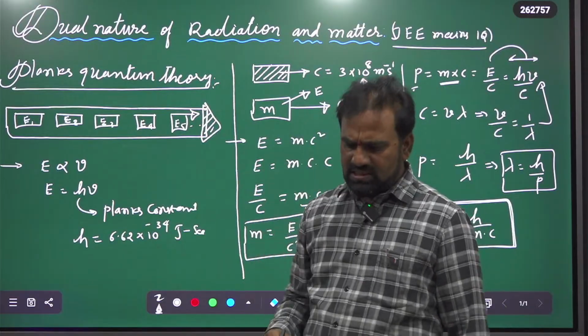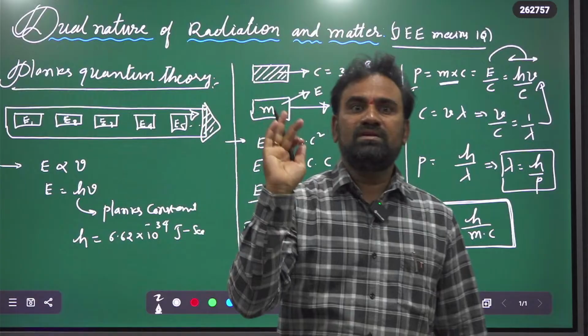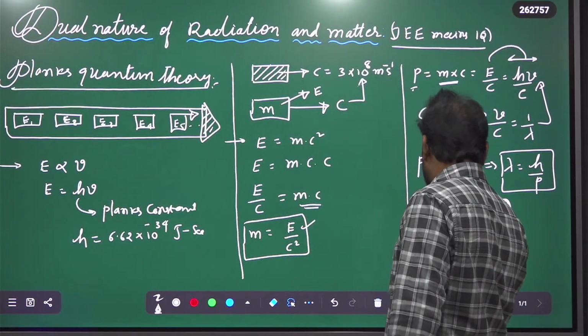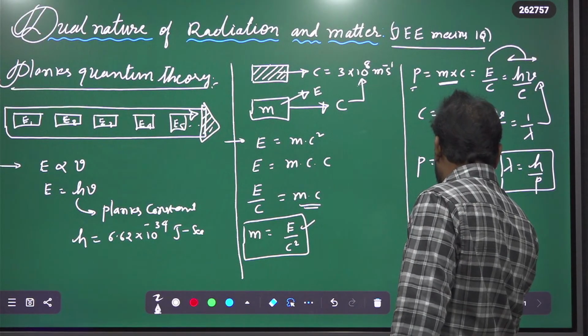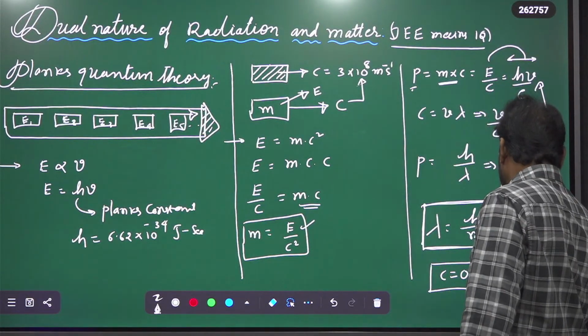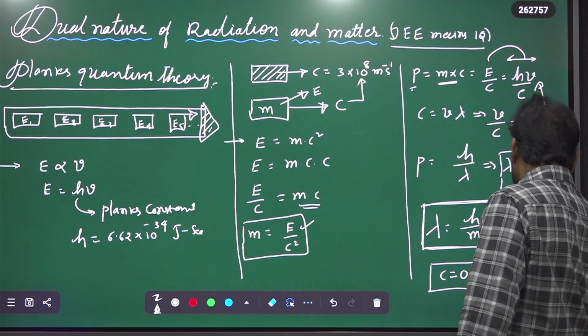So when a photon is traveling with the velocity of light, it can possess mass, but the rest mass of a photon is equal to 0. When the photon is at rest, when the velocity of the photon is 0, its mass is also 0.